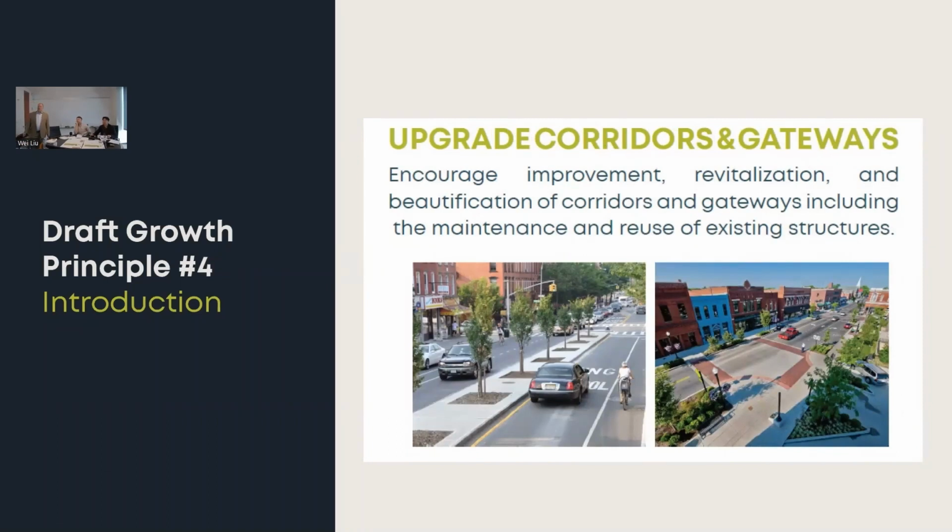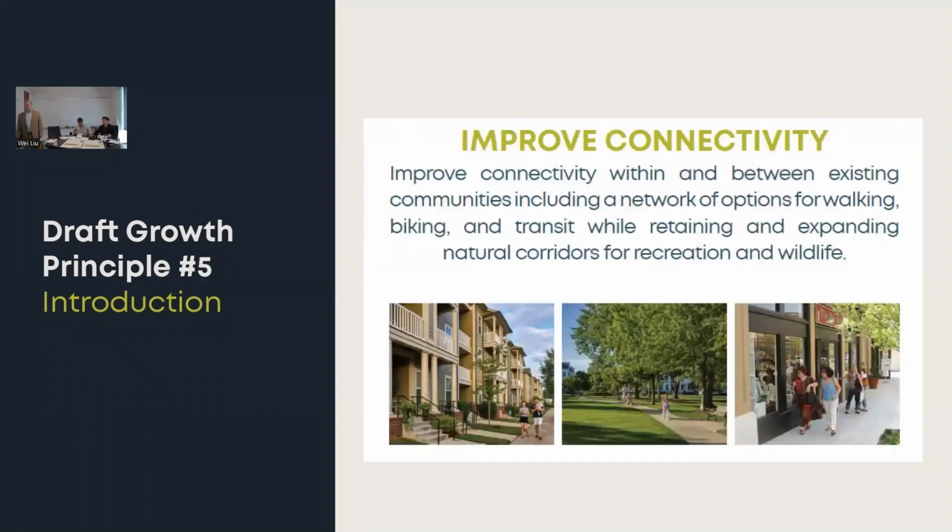Your corridors and gateways were very important. We heard that at the stakeholder meetings, at the public session as well, improving how they look and strengthening those. So encourage improvement, revitalization, and beautification of corridors and gateways, including the maintenance and reuse of existing structures. It's very important to fill those vacant buildings or redevelop those. Also, improved connectivity.